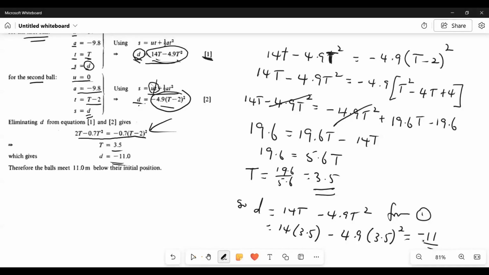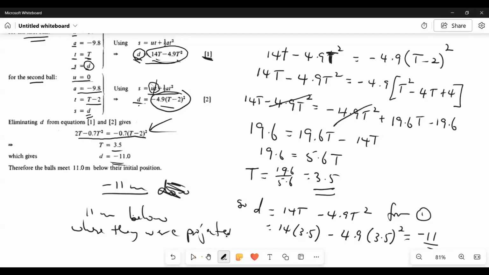So the fact that this is minus 11 meters means that the two balls meet 11 meters below where they were projected or dropped from, right? That's what this minus 11 means.